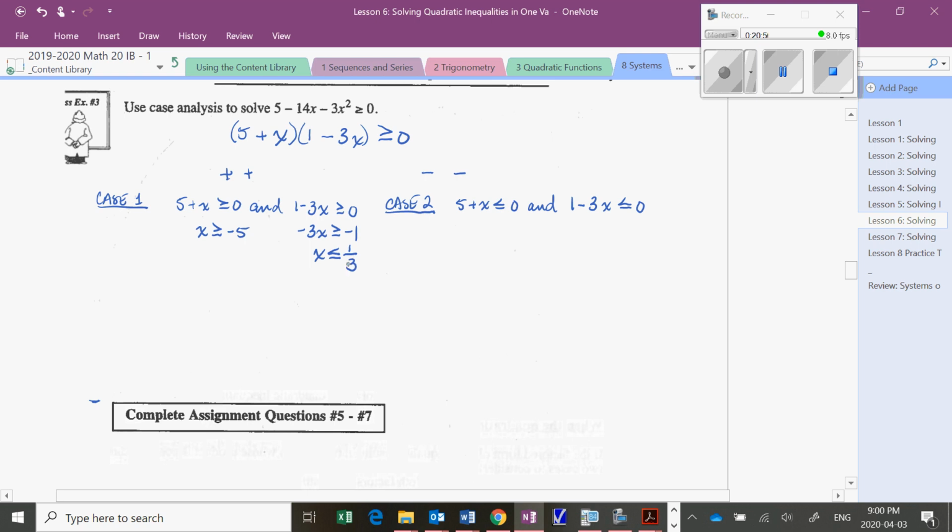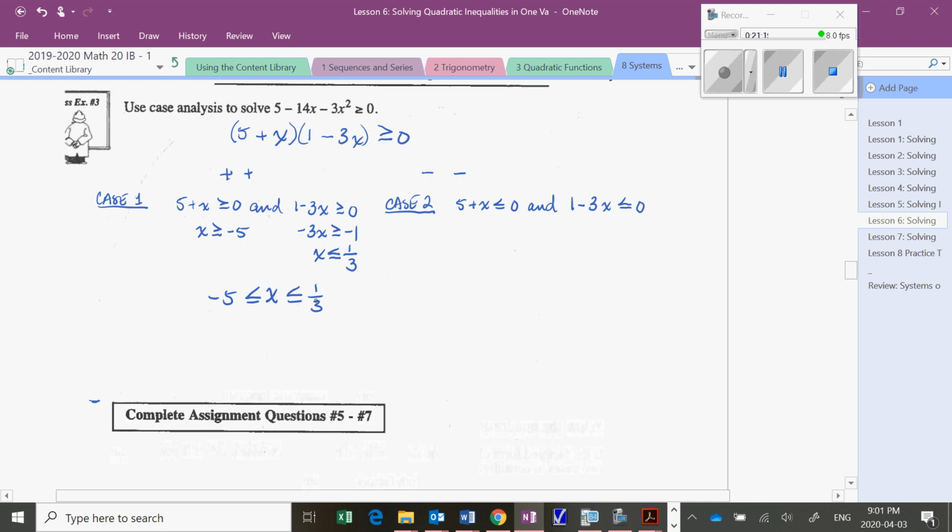So can we think of values that are greater than or equal to negative 5 and less than or equal to 1/3? Yep. Absolutely. So we can write that out as a single expression. You can leave them as two separate ones as well. That's totally fine. So greater than or equal to negative 5, less than or equal to 1/3.